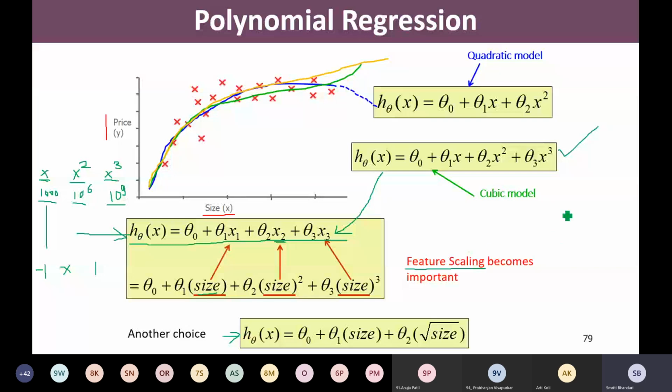Not necessarily does a linear function fit our data, but if our data is non-linear in nature, then we may think of such non-linear polynomial hypotheses also. And we may come up with this hypothesis based on newly created features from the existing ones. So this is the concept of polynomial regression. I hope you have understood the concept now.